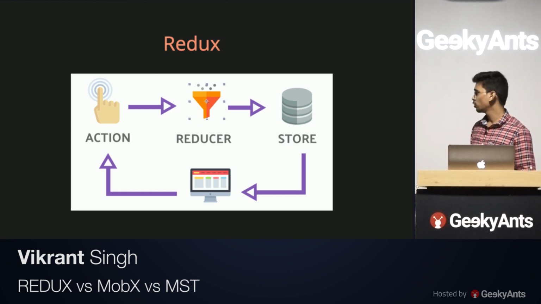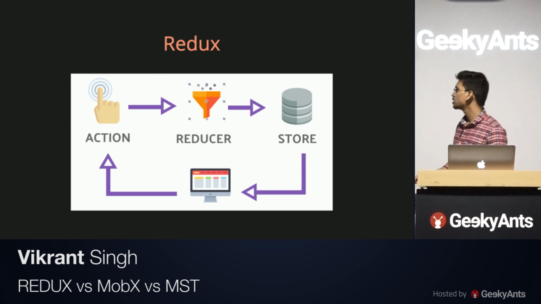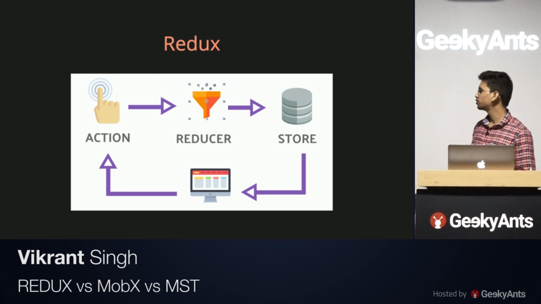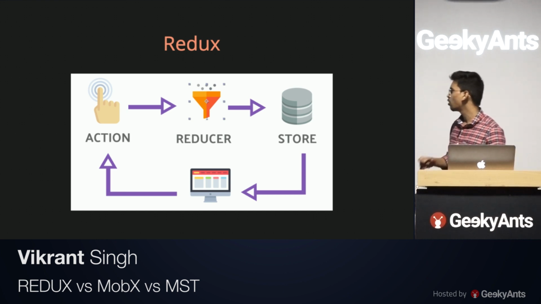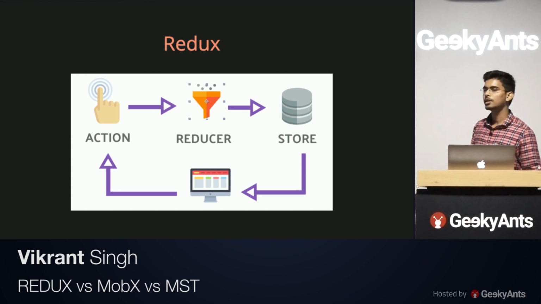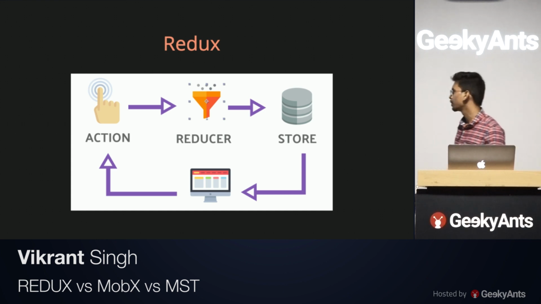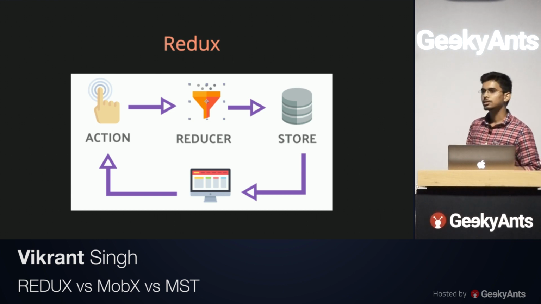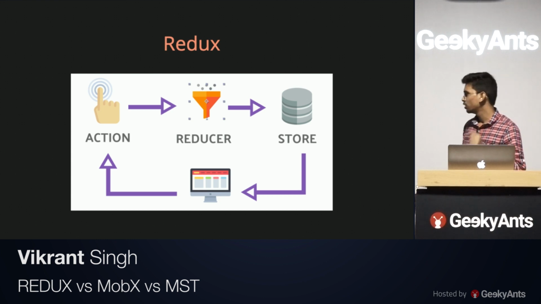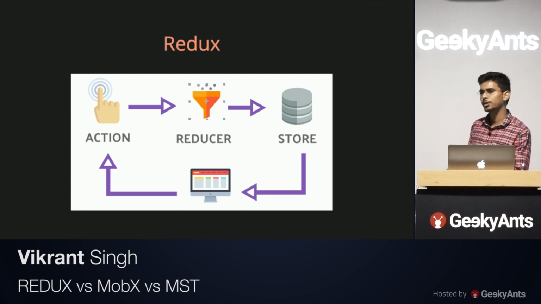Actions are objects that tell the reducer how to change the state in the store. Reducers are functions which produce some kind of info or state, and the store contains the state of all of the components, and state, as you know, contains the info bound to a component. Every time you generate a store, you pass a few reducers to it, and each time you dispatch an action, that action goes to all of the reducers.